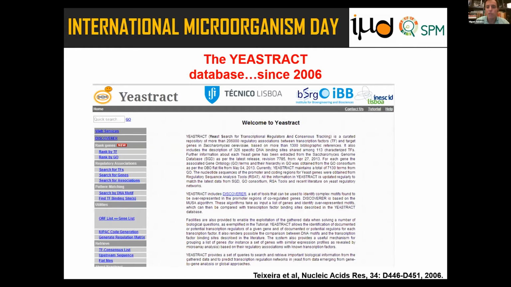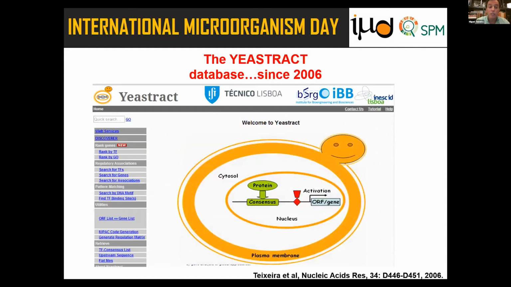It took us a couple of years to finally release it in 2006, and it is based on a very simple view of transcriptional regulation, in which we have a protein, a transcription factor that recognizes a consensus sequence, which by binding to this consensus sequence in the upstream region of a gene is going to activate or repress the expression of this target gene.